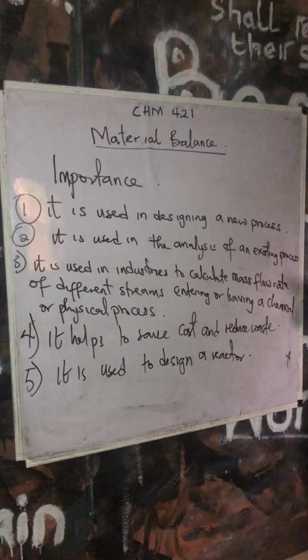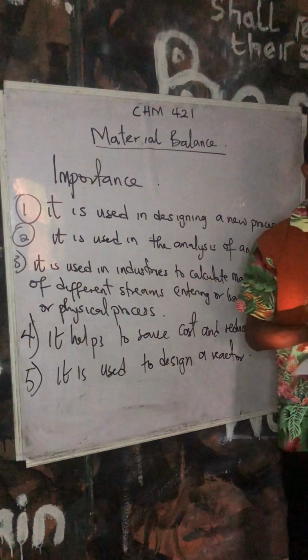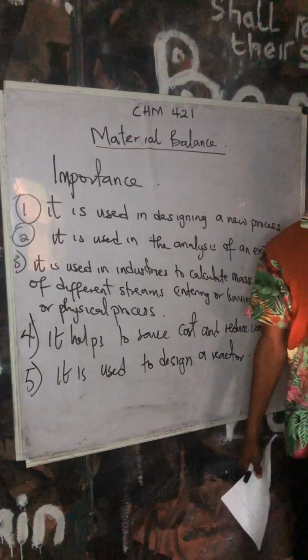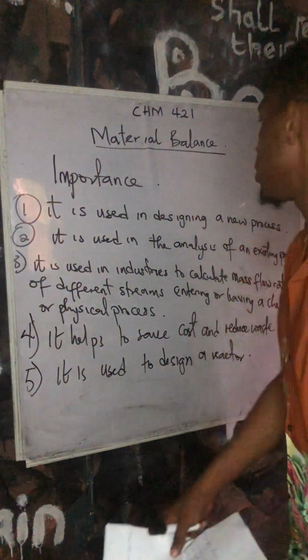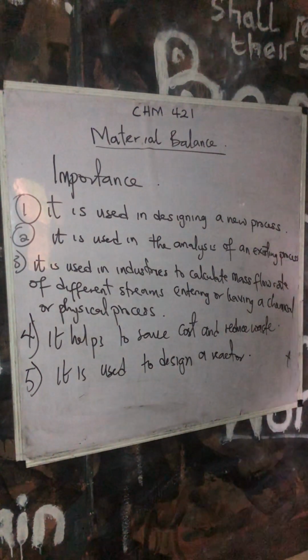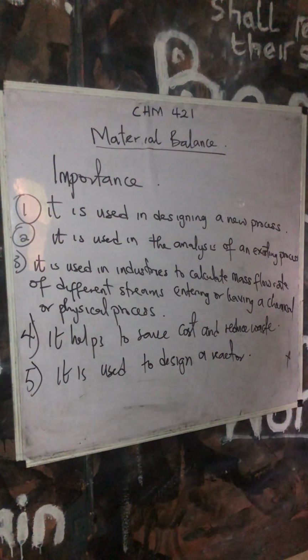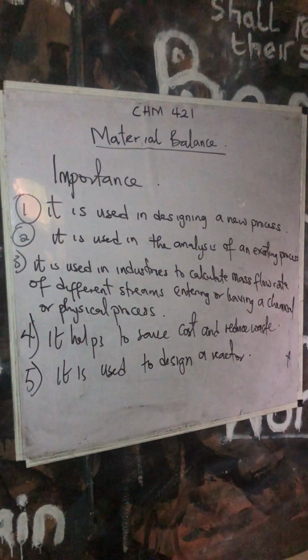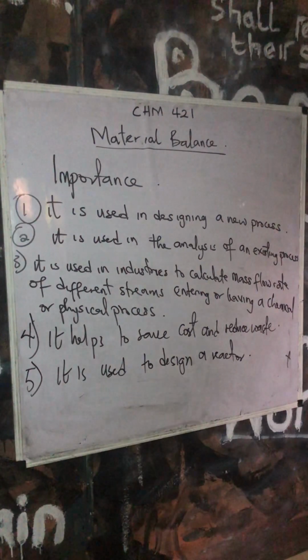What does that mean? It means you can bring in, don't worry, we'll get there. Let me not start busting our head. So yes, it is used to design a reactor. These are the 5 importance of material balance.